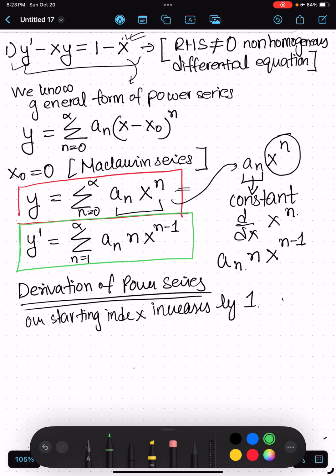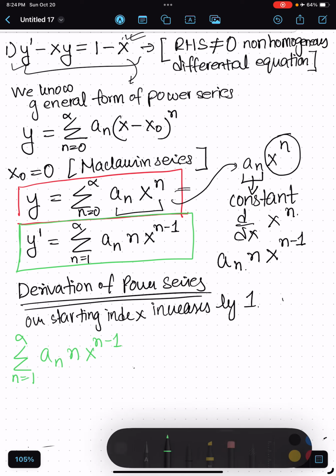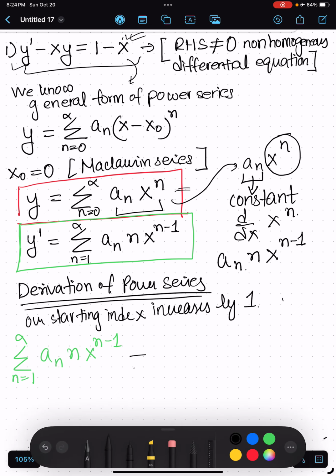So now we are ready to plug in these values in our main non-homogeneous differential equation. So let's do that. I have my y prime, which is basically summation n equal to 1 to infinity a sub n n x to the power n minus 1. Then I have my minus, and then I have my x times summation n equal to 0 to infinity a sub n x to the power n.